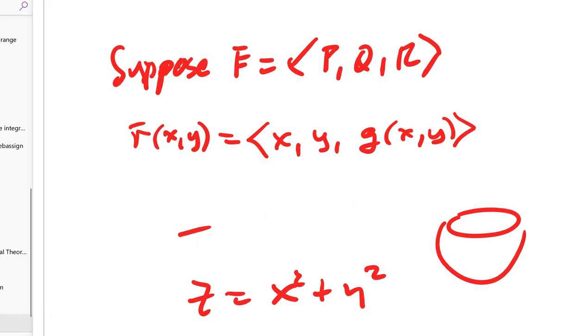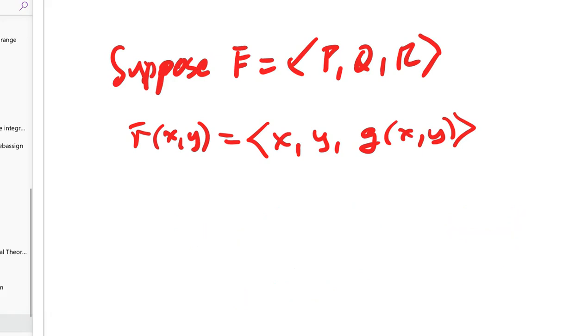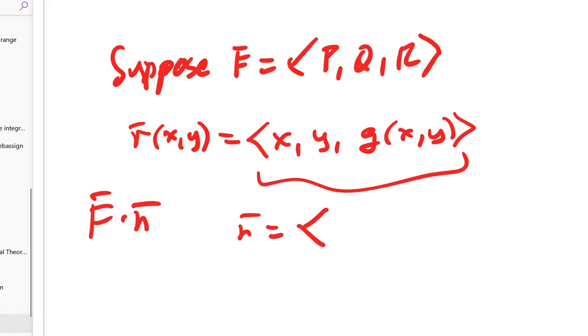Now whenever you do F dot N, N comes from this. Remember, we found N to be negative G sub X, negative G sub Y, comma 1.